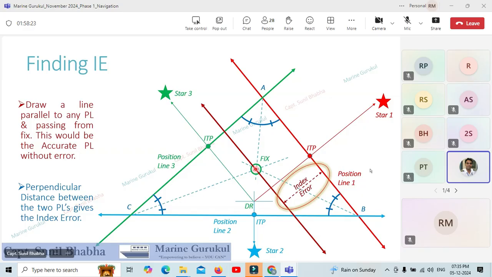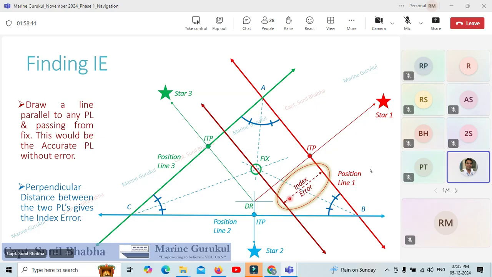And this intersection point of the three angle bisectors of the triangle has a geometrical property that it is equidistant from all the three position lines. So whether you pick up the red PL or the blue PL or the green PL, in all the three cases, you will obtain the same index error.